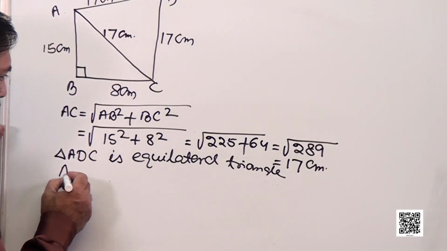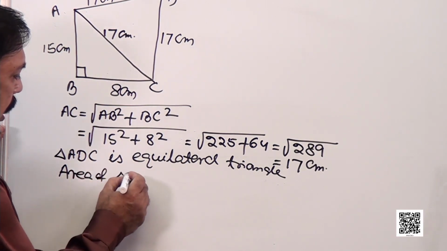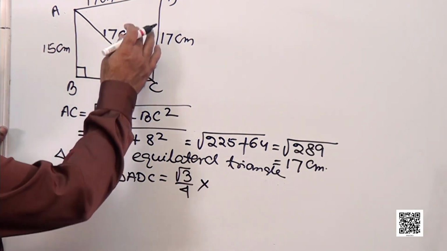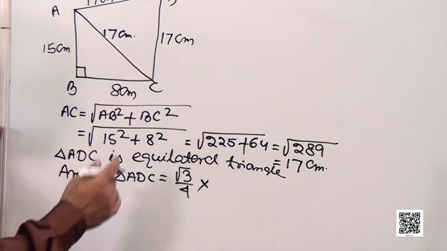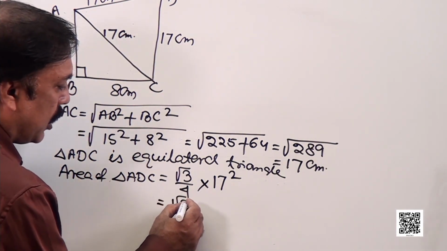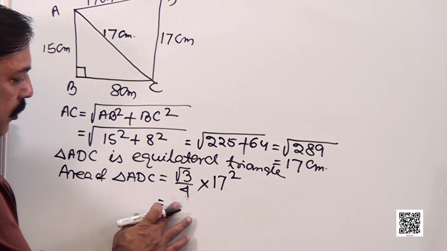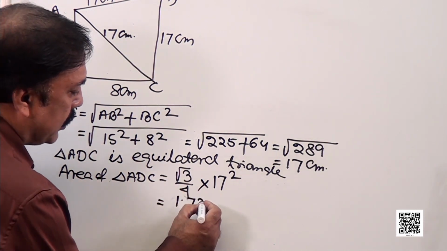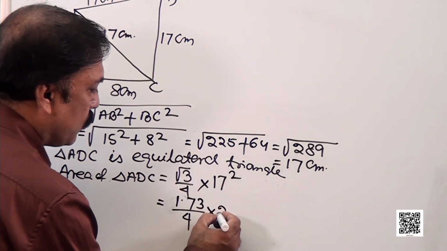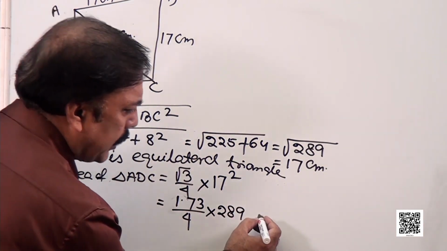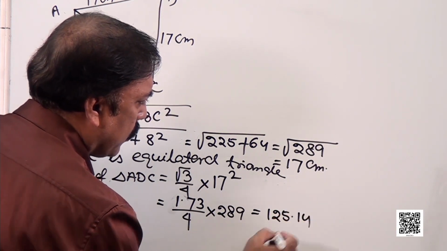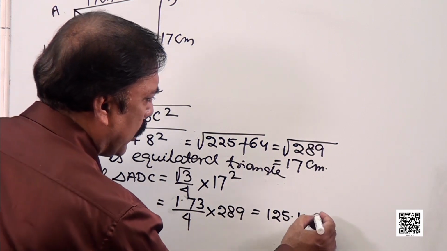That is, area of triangle ADC is equal to root 3 by 4 into square of each side, that is 17 square. This gives root 3 by 4. In place of root 3 we can write 1.73 by 4, and 17 square is 289. This gives the value as 125.14 centimeter square.